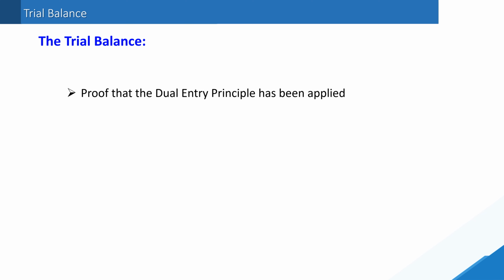It's a mathematical check that debits and credits agree that double entry has taken place, but it does not prove that no errors have been made. It's also the starting point to a completed set of financial statements, and as you will progress with your studies, you will look at a statement of profit or loss and a statement of financial position, and the starting point for those financial statements is indeed the trial balance.